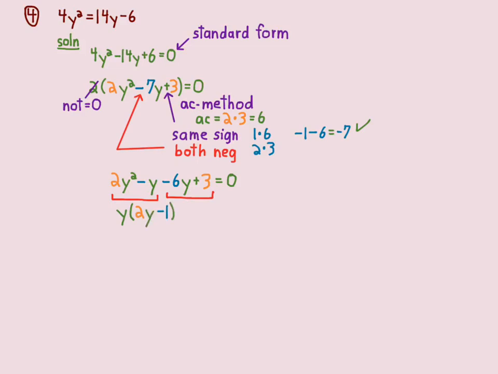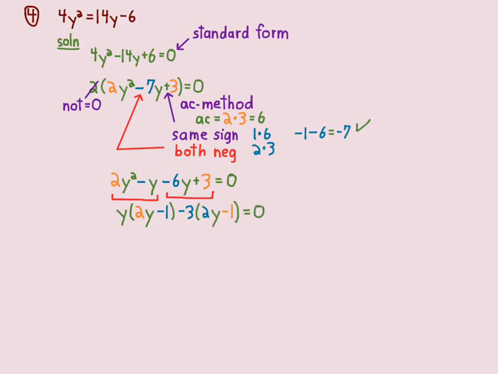But anyway, I factored out the greatest common factor of the first two terms, which is y. So I get y times (2y minus 1). And then for the second term, remember, if this middle term here is negative, always factor out the negative. So the greatest common factor here is 3. I'm going to factor out negative 3 because of that minus there.